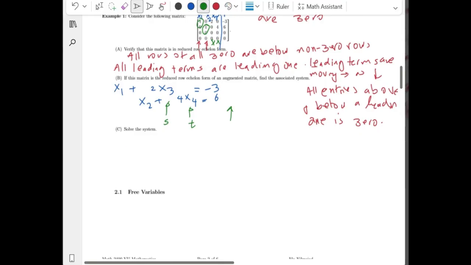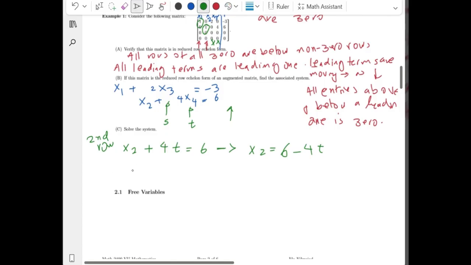The last row gives me x2 plus 4t equal to 6. So x2 is equal to 6 minus 4t.